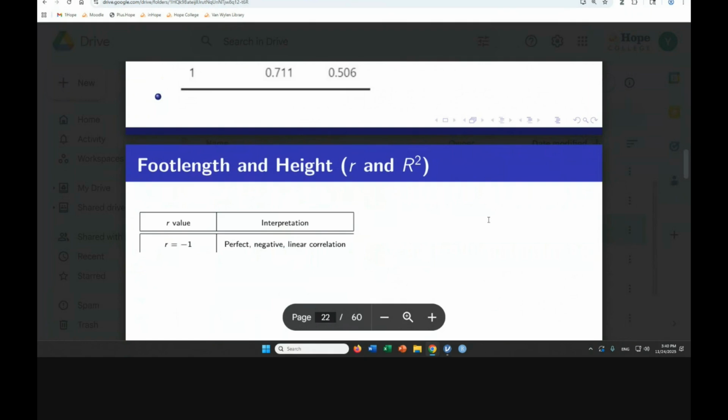But when it is the special value -1, which is the most extremely negative one you could get, this is called perfect negative linear correlation. What do I mean by perfect? I'll draw you one. I can't even draw a straight line.